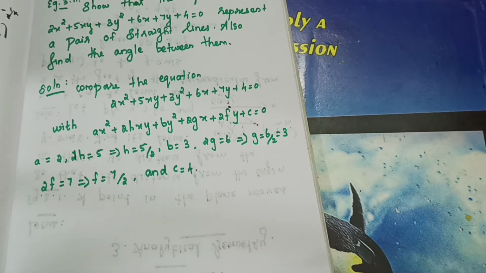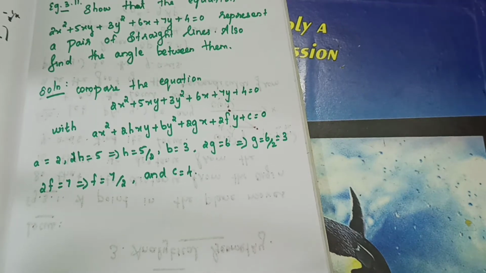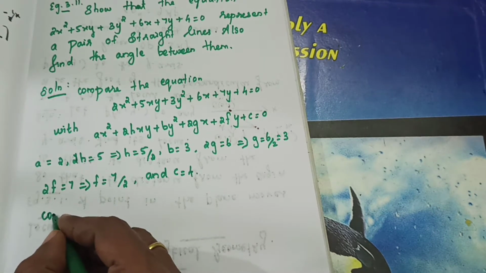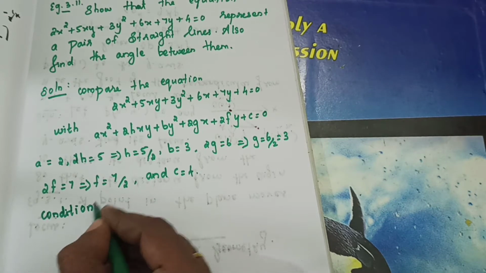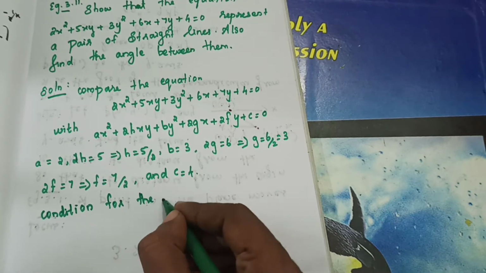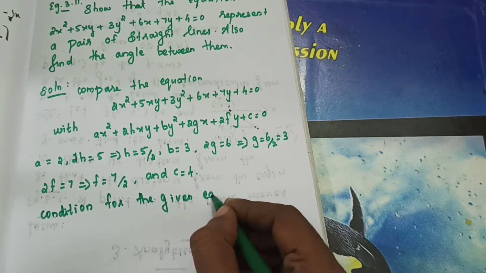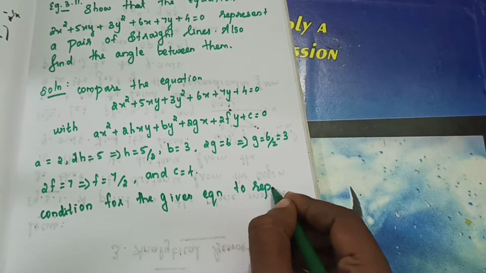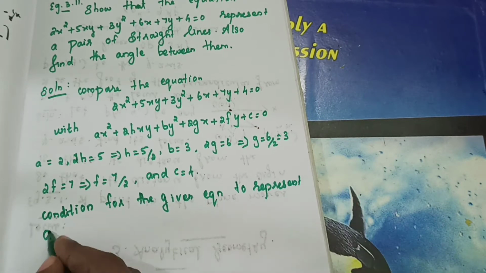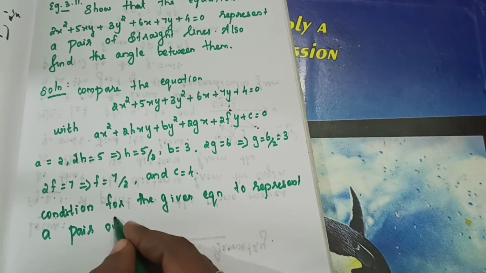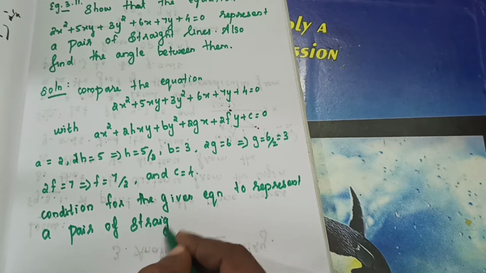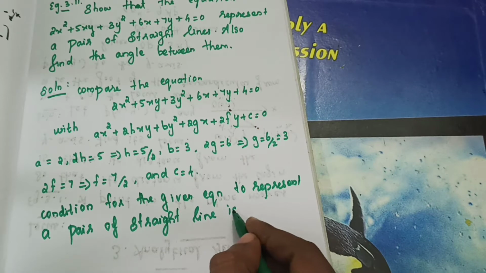Okay, so now we need to show that the given equation represents a pair of straight lines. Last class I gave the condition. So we are going to write the condition. What's the condition? That is the condition for the given equation to represent a pair of straight lines.